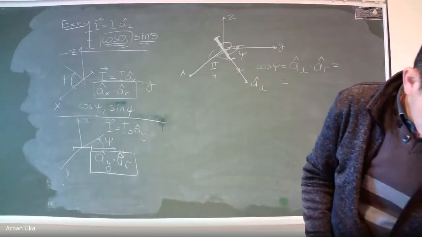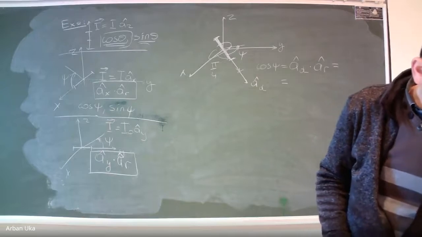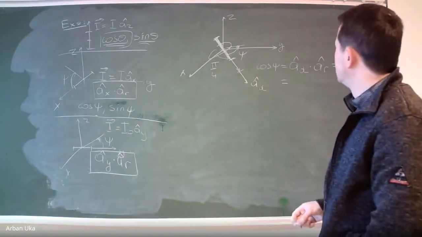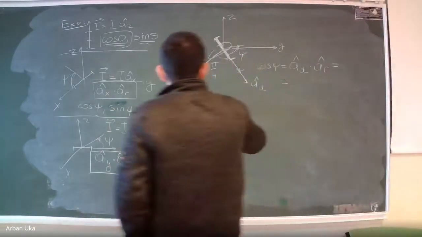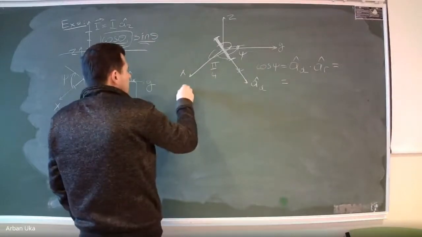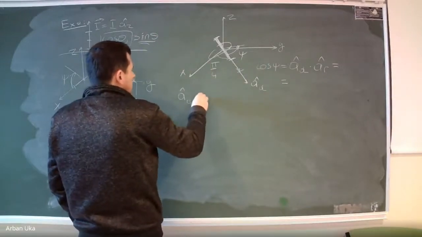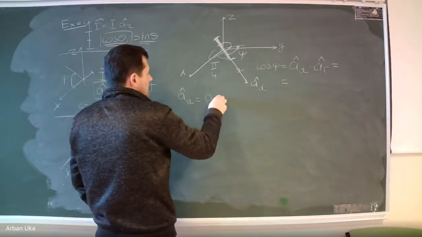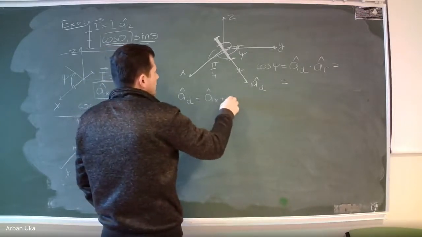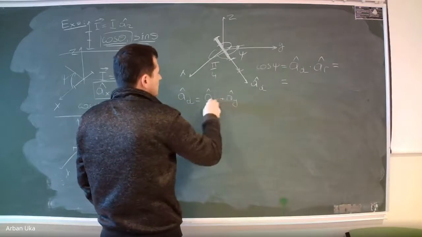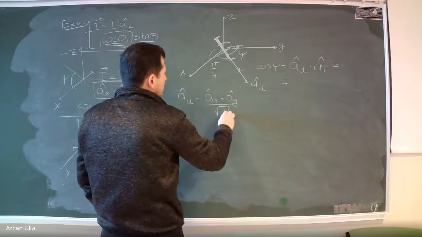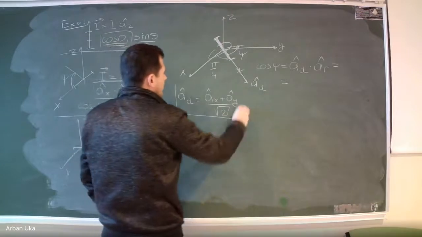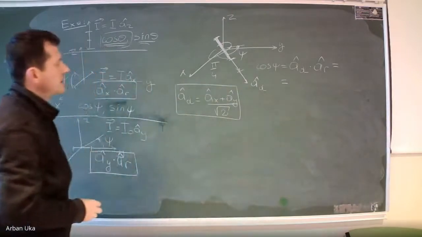In order to do this, we may just represent it like this. The unit vector along the dipole would be equal to AX plus AY, all divided by the square root of 2. Okay, so this would be the AD.